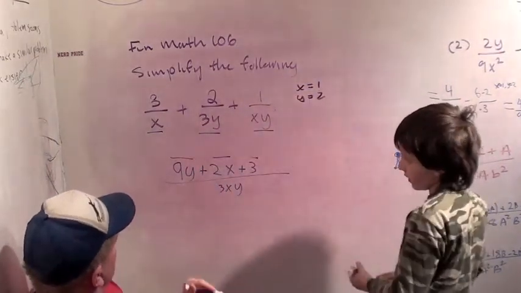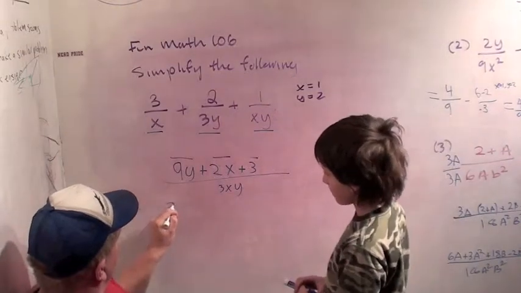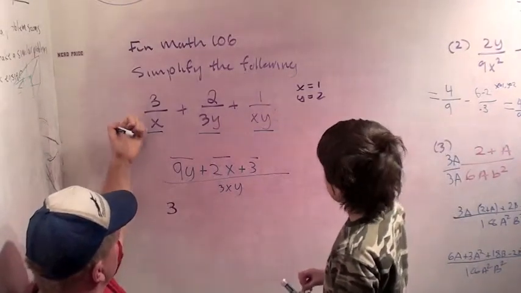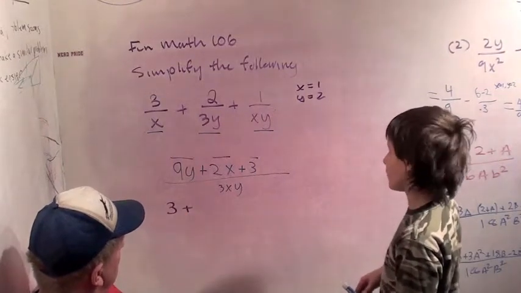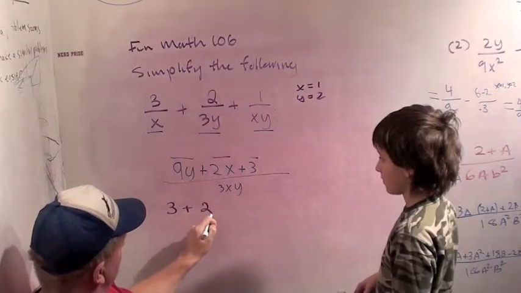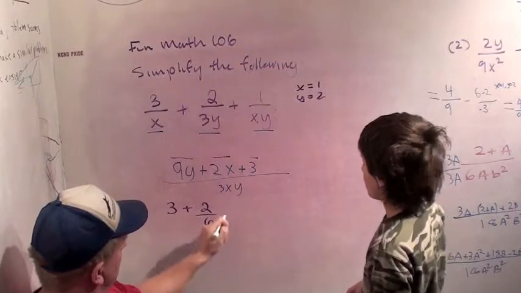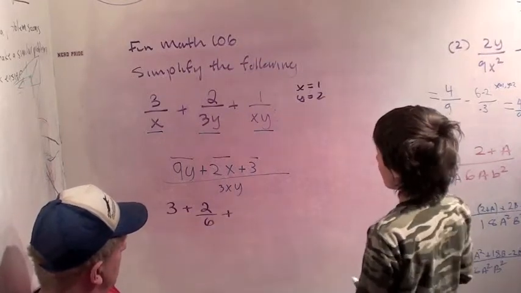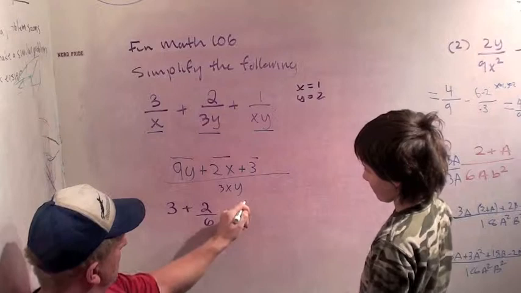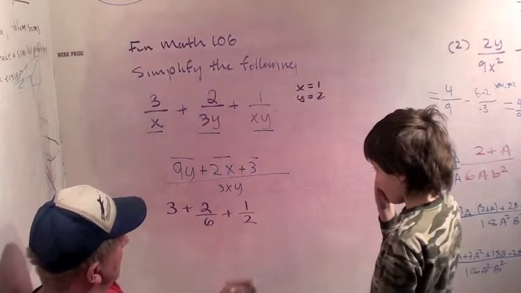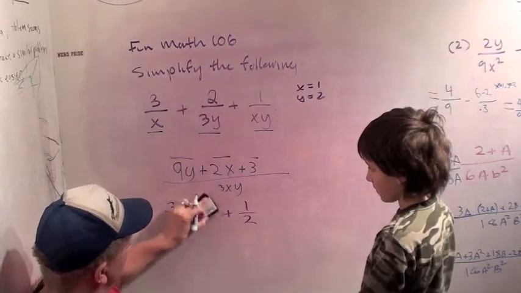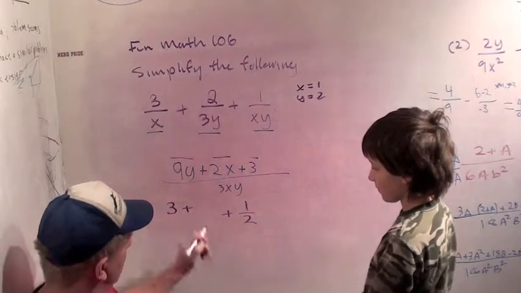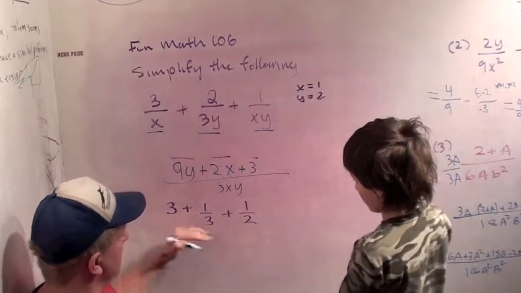So 3 over x becomes 3 over 1, 3, plus 2 over 6, plus 1 half. Now 2 sixths can simplify to be a third. Oh, how funny. I didn't plan this, but we're left with 3 plus a third plus a half.